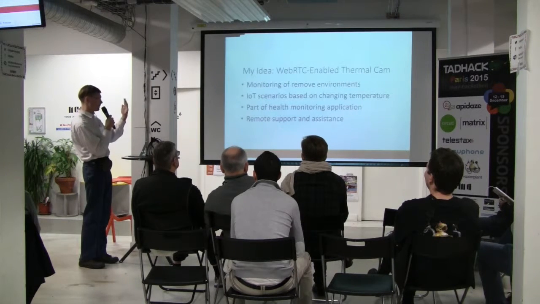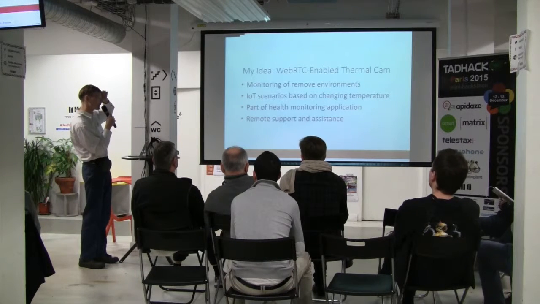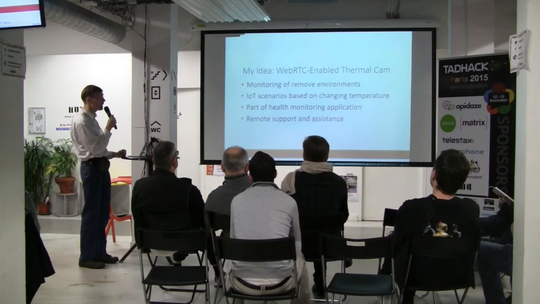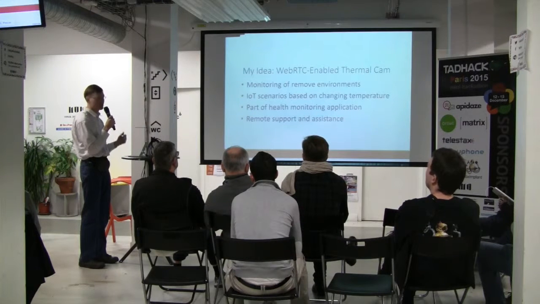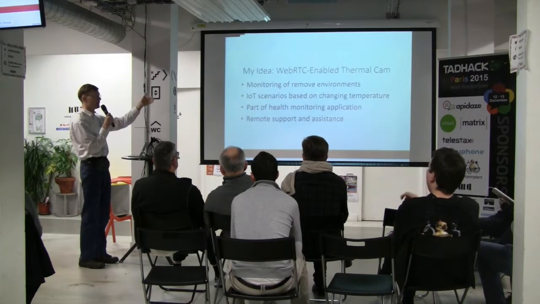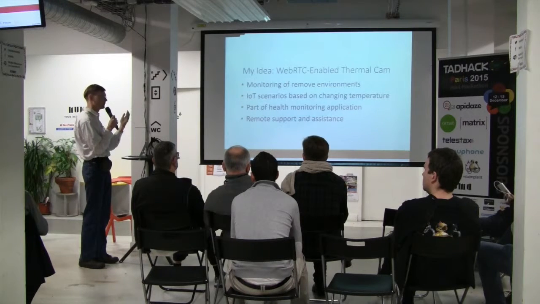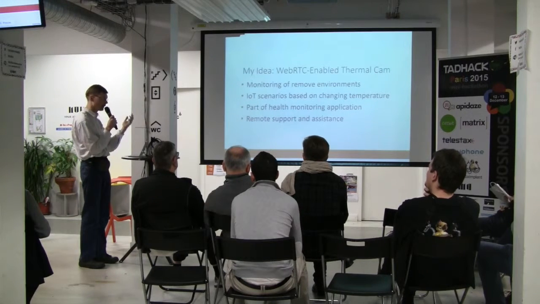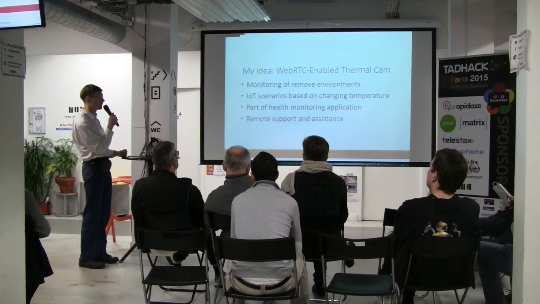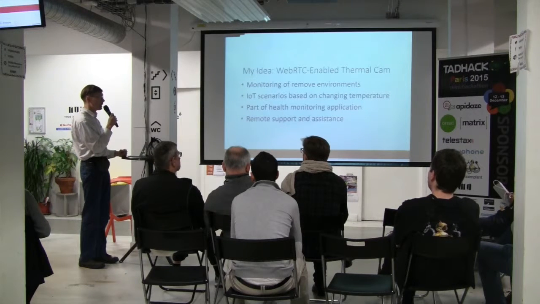Behind the technology, I will talk about technology in a second. In practical terms of usage, that may be an interesting thing in terms of monitoring the environment, or in some more complex IoT-based scenarios, where depending on what the actual temperature image is, we can do something, or we can detect something, even using some image recognition technologies. And then, certainly, health monitoring applications and the stuff related to temperature would be great.